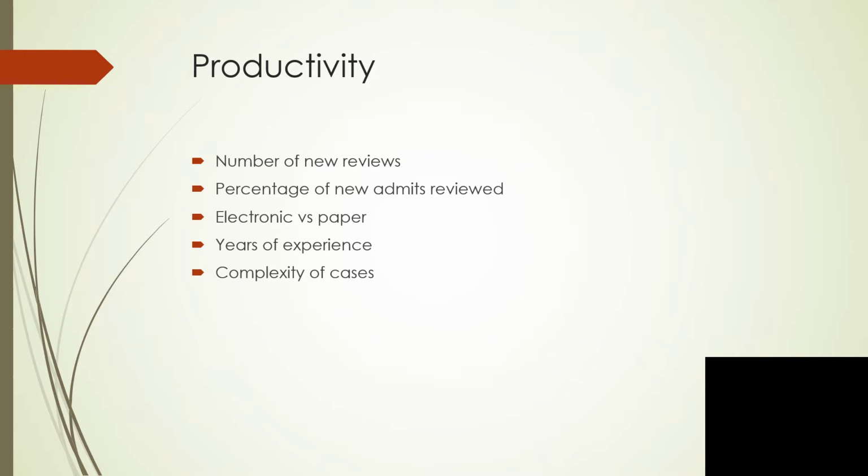And there are a couple of DRGs, and you'll just use them over and over and over. And you should really be able to whip through those charts very quickly. Just look at any abnormalities, see if there's anywhere you can move the severity of illness at all or capture any CC or MCC, and then you slap that 519 on there or whatever it is and you move on.